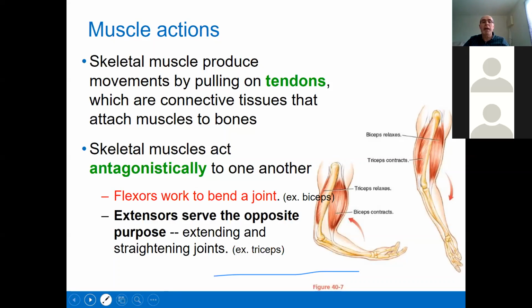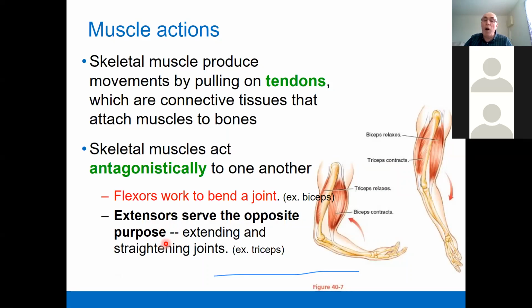Skeletal muscles act antagonistically to one another. An example here: once the biceps contract, the triceps should extend. The extensors serve the opposite purpose.